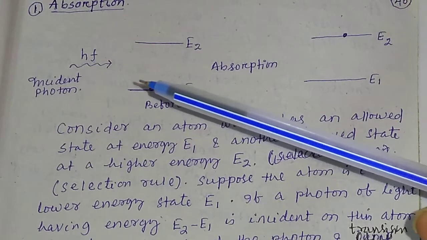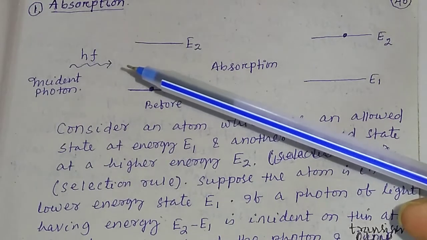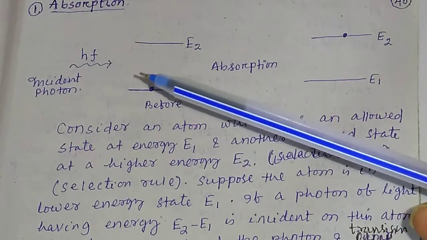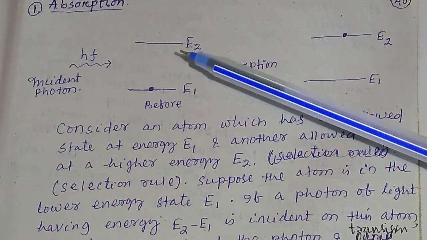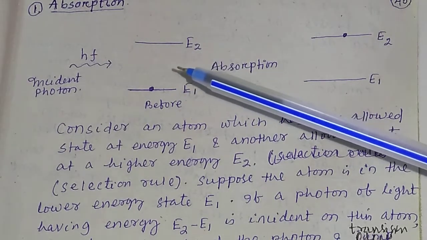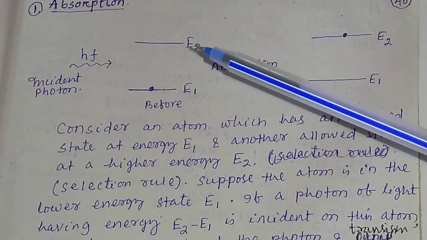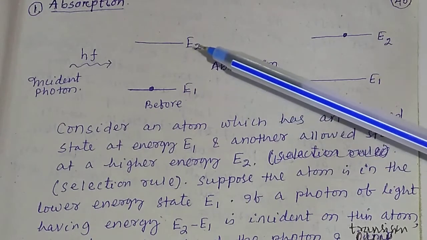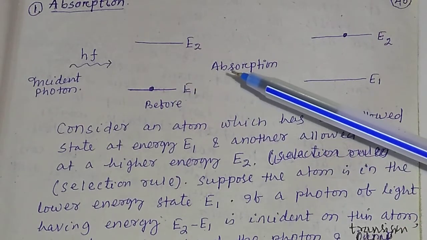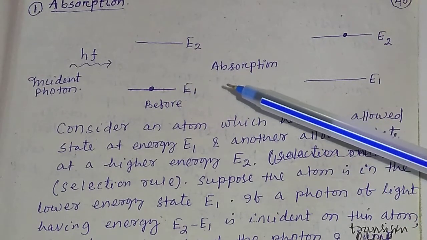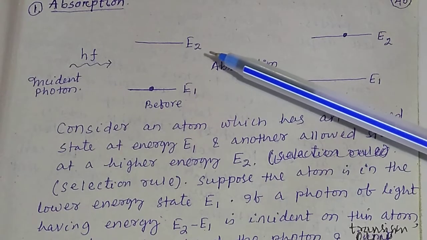The atom will absorb the energy of the photon, and a transition takes place to the higher energy state E2. The incident photon vanishes after the transition to the higher energy state, and we call this process the absorption process.